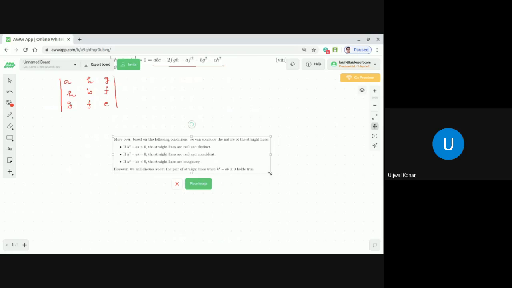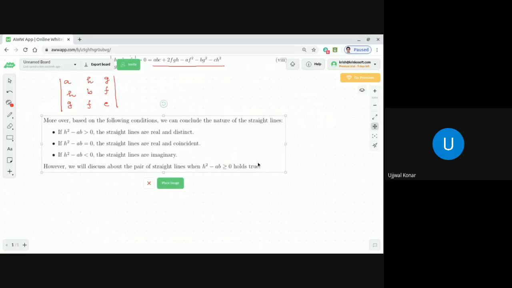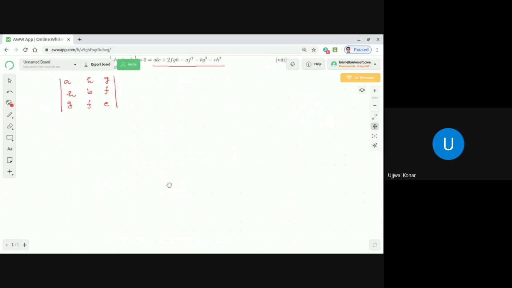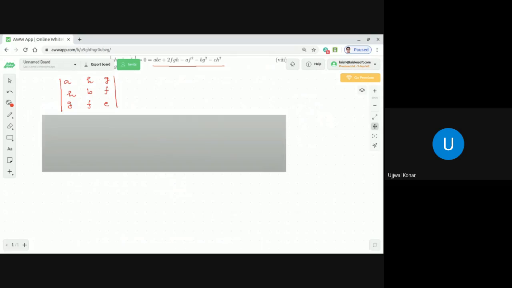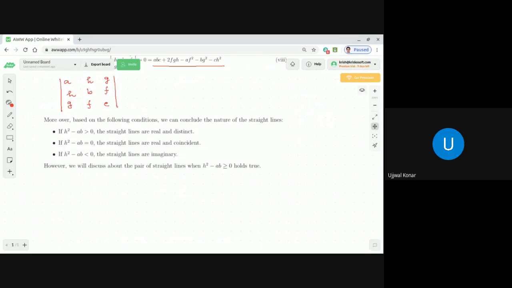So based on the following conditions, we conclude that the nature of the straight lines is real and distinct if h square minus ab is greater than 0. So h square minus ab is a very important parameter here. If h square minus ab is greater than 0, then the straight lines are real and distinct.